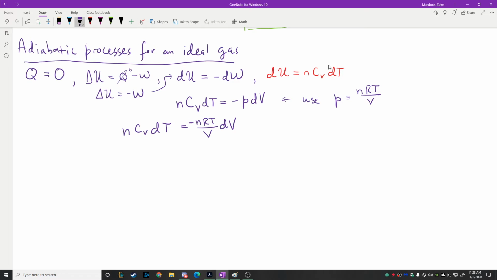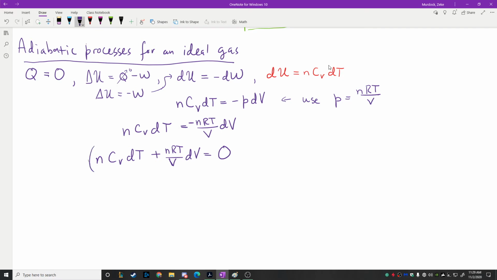We're now going to rearrange things by moving them to the same side. In the second term here, there's a dV with the volume. We'd like to get the temperature over here with the dT, and we'll do some other things as well. Specifically, we're just going to isolate dT.